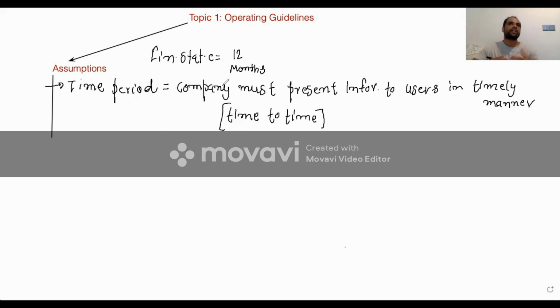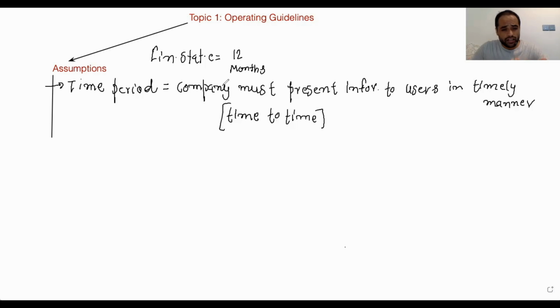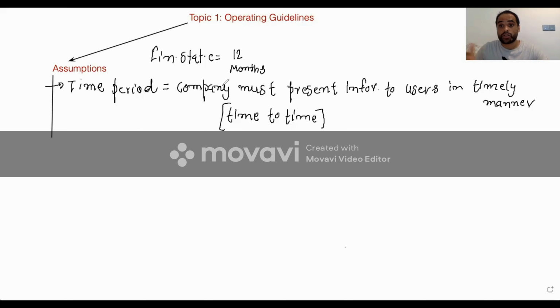But practically, if the company gives you information after 1 year, do you think that information has high quality and high value? Of course not, because the market is changing from time to time. So we must have the latest information.